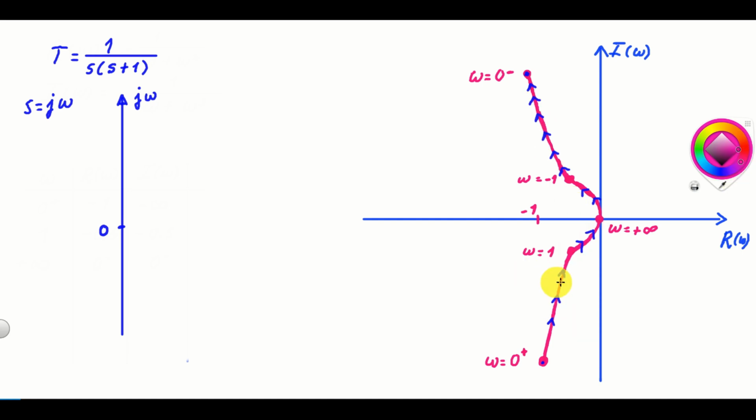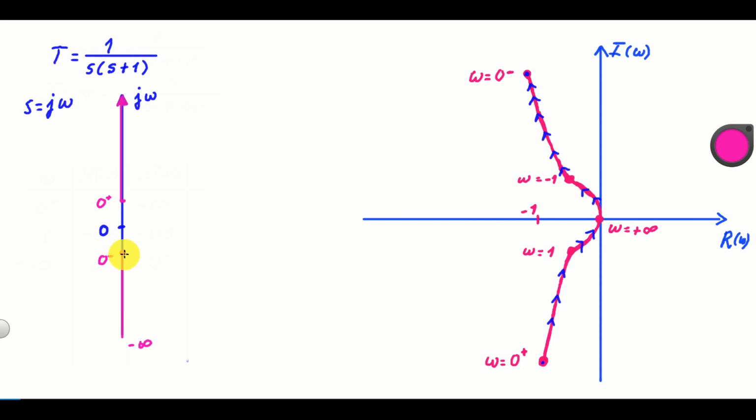When sketching this graph, we varied omega from minus infinity, and then we went up the imaginary axis. We went up until here. This is 0 minus, and then we sketched the graph from here, that is from 0 plus. And here it is.